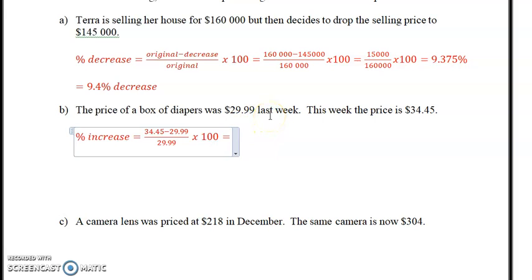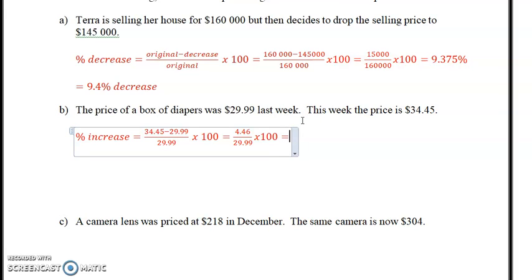So we go to our calculator. 34.45 minus 29.99 gives us 4.46, divided by the original price, 29.99, multiplied by 100.